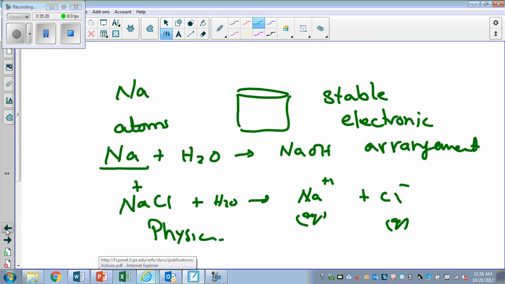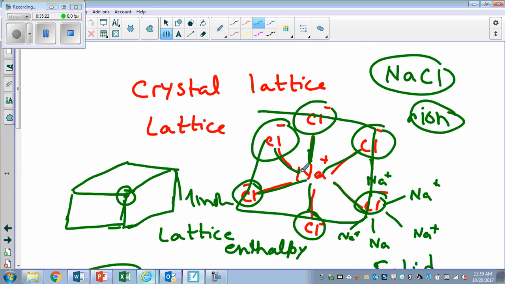I think I did not mention here that there is another term that we use, for how many ions are surrounded by the other ion, like how many anions are surrounded by a cation, or how many cations are surrounded by an anion. The term that we use for this is called coordination number.